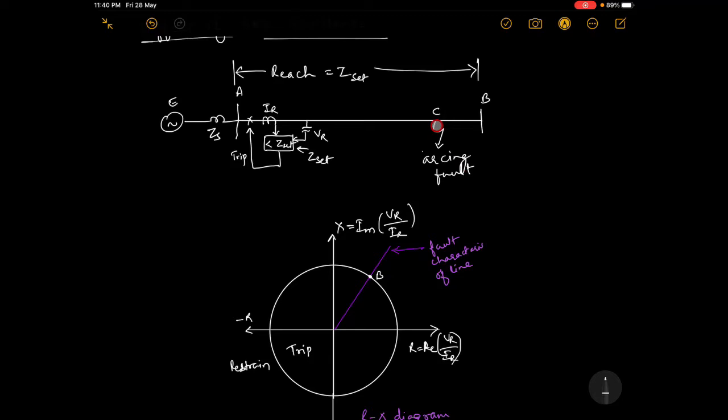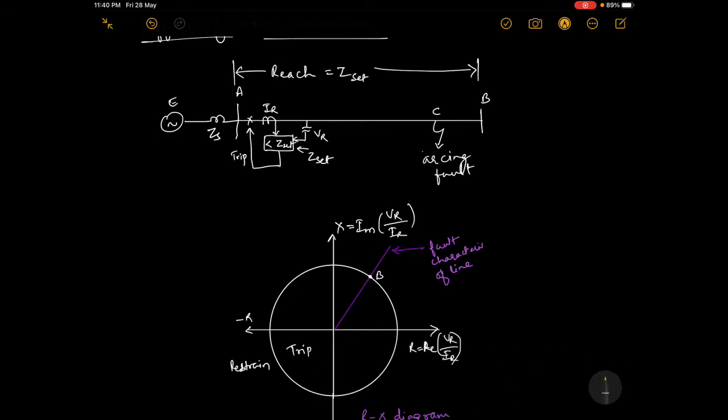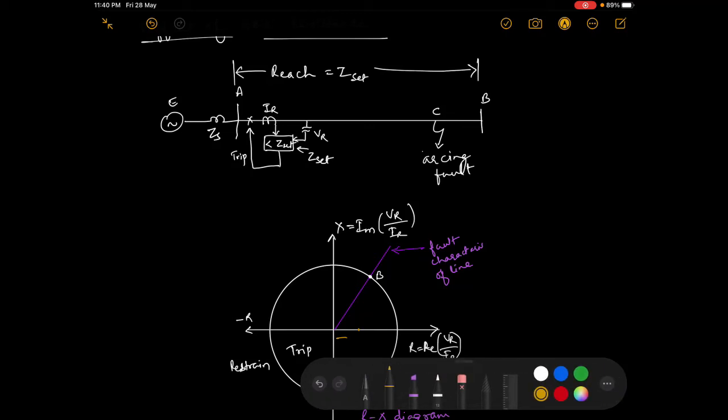Most faults to ground are due to insulation failure. Insulation failing means the current passes through that insulator, so the insulator will have some resistance, and the current flowing will have some resistance. That resistance here we will denote by arc resistance.